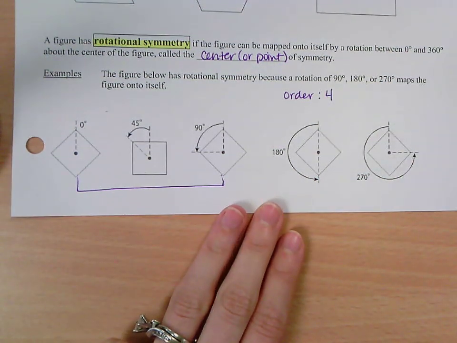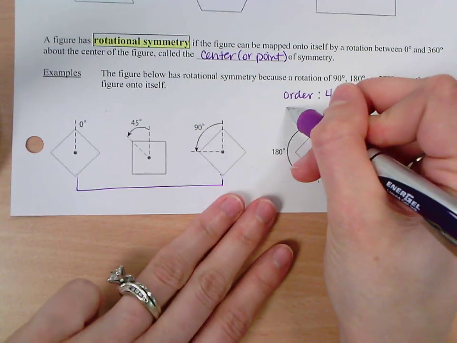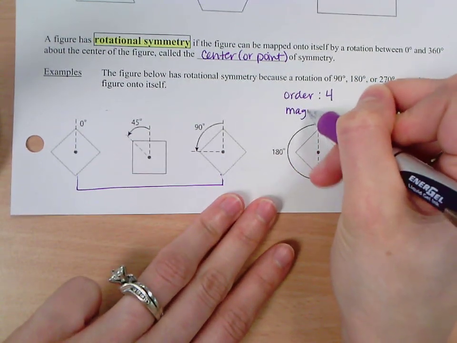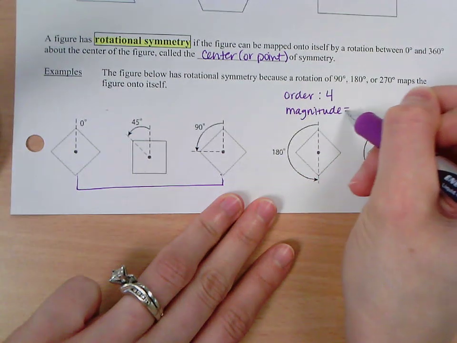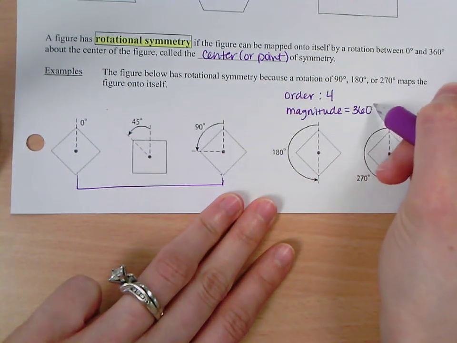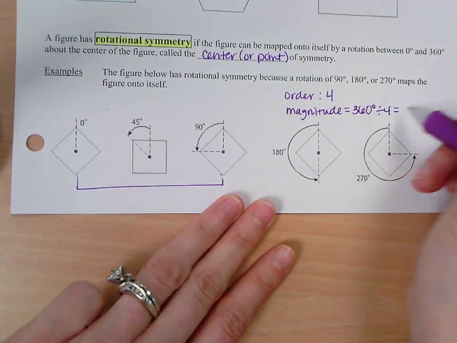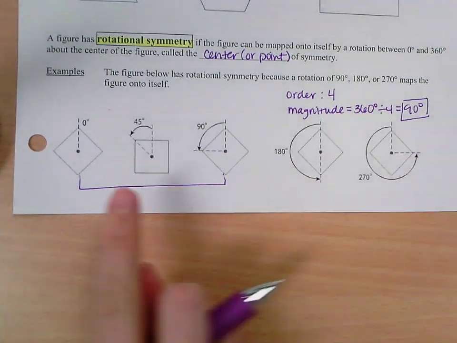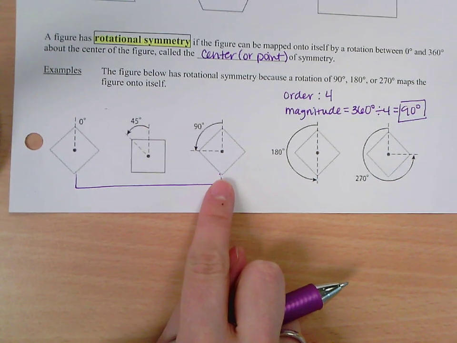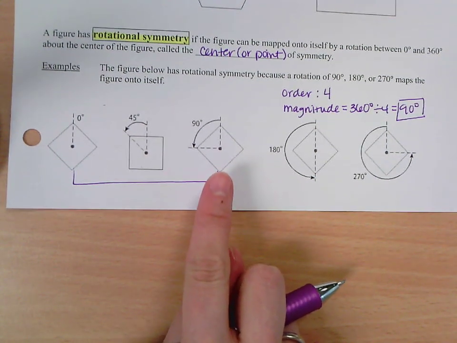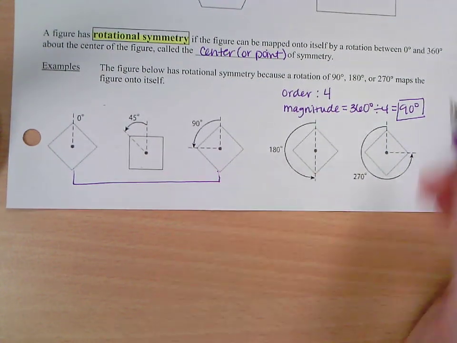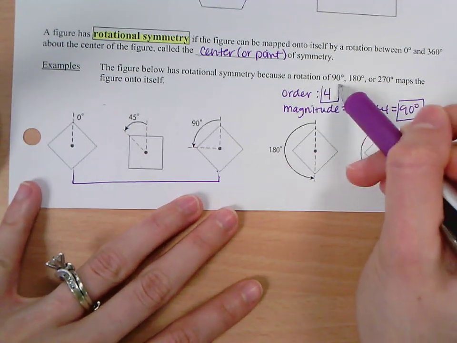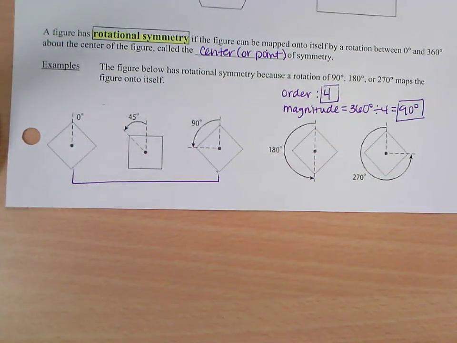The order is 4. And that means the magnitude is 360 degrees divided by 4, which is 90 degrees, which I can see is the smallest angle of rotation that will map the figure onto itself. But there is that equation that allows you to find the magnitude based on the order.